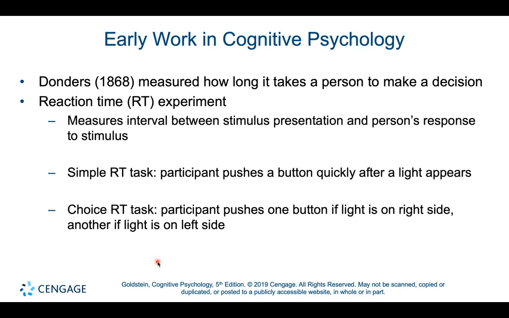Okay, so let's go all the way back to 1868 and look at what is probably the first experimental study of cognitive psychology. The field doesn't exist yet in 1868, but this scientist named Donders was trying to understand what a decision is or how long it takes someone to make a decision.